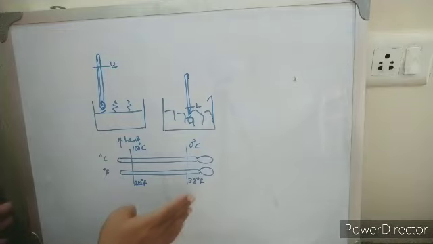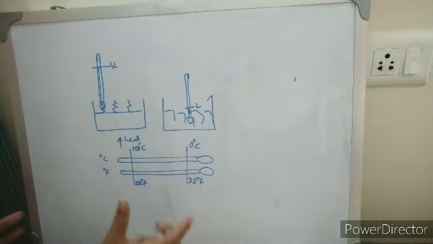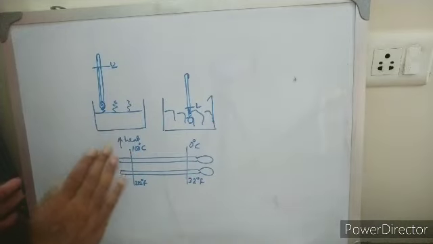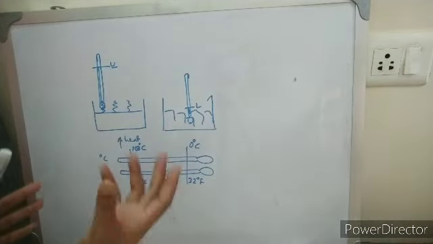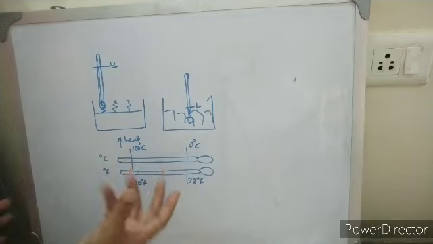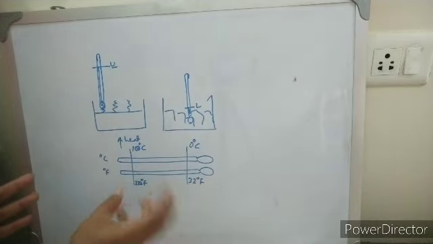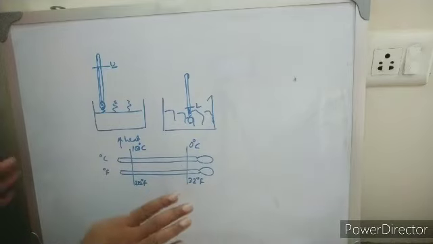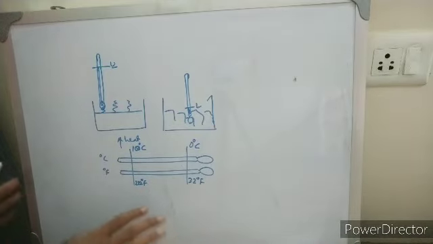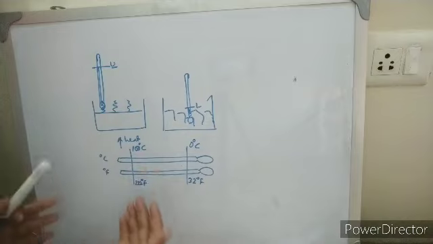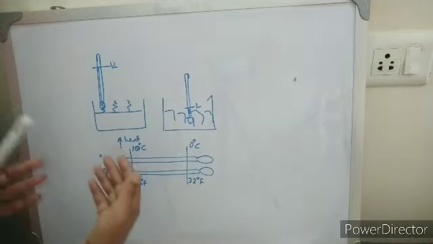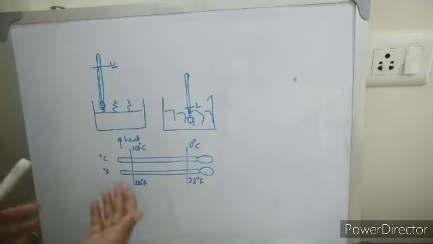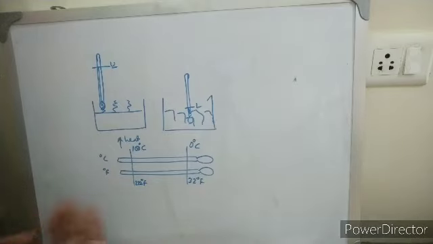At 32 degree Fahrenheit there is the melting point of ice, and 0 degree centigrade is the melting point of ice. In both the cases ice is the same, so their melting point will be the same. Therefore these two temperatures are equal, but they are expressed in different thermometers. One is expressed in Celsius, another in Fahrenheit.